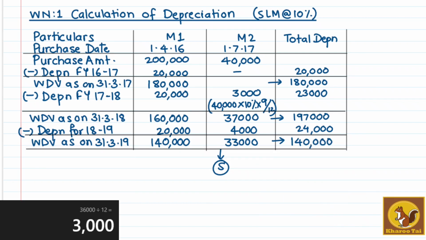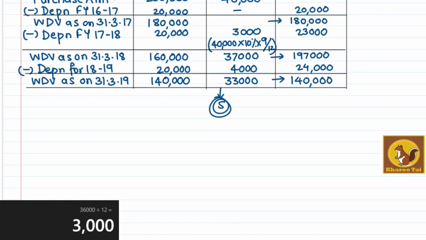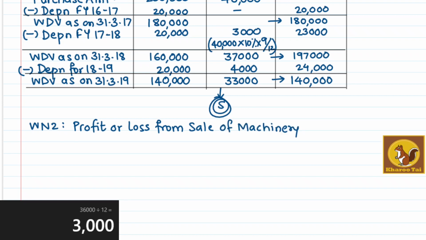Correct? So after working note 1, we will have to find working note 2 for this machine. For machine 2, as the asset was sold, we need to find its profit or loss from sale of asset, right? So working note 2, profit or loss from sale of asset, sale of machinery. We are selling machinery 2. What is the sale amount?